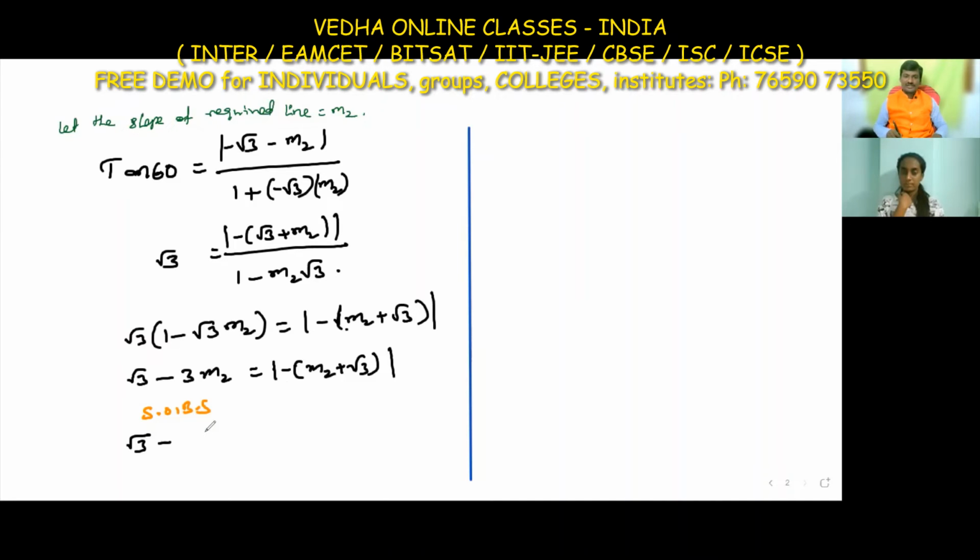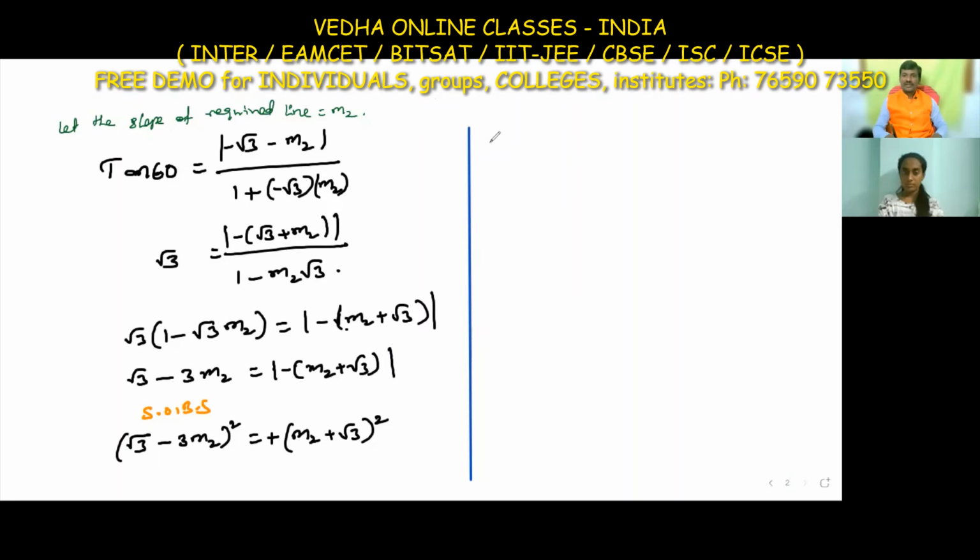Squaring on both sides, root 3 minus 3m2 whole square is equal to modulus of... If we square the modulus, then it becomes plus, m2 plus root 3 whole square. Now we apply the a plus b whole square and a minus b whole square formula.